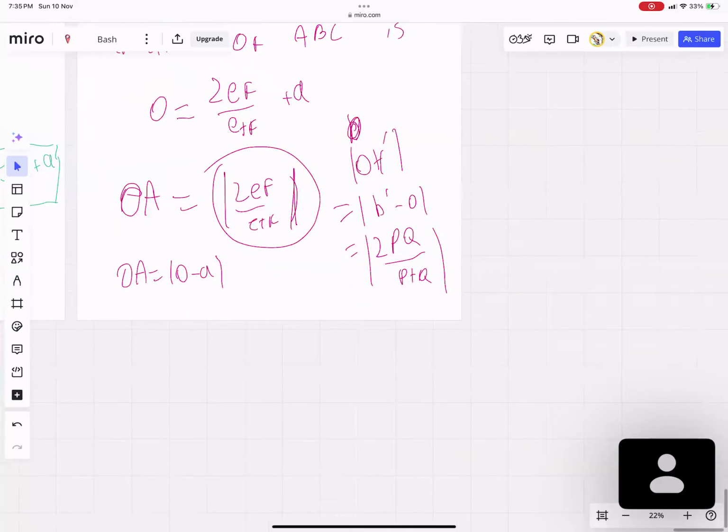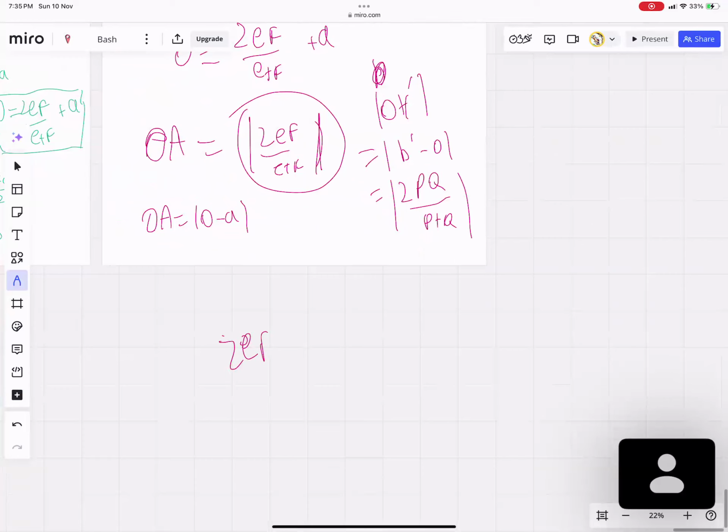Now, does anyone see why 2EF by (E plus F) and 2PQ by (P plus Q) have the same magnitude?